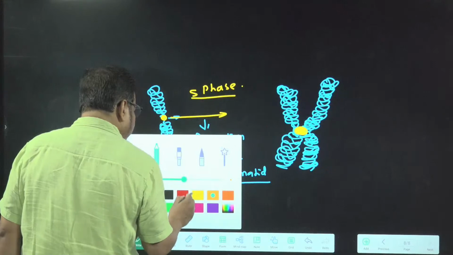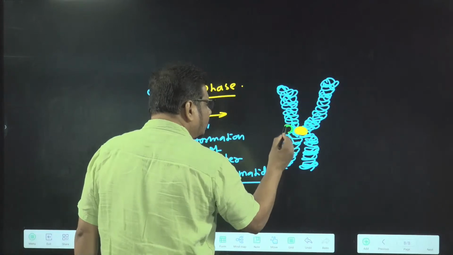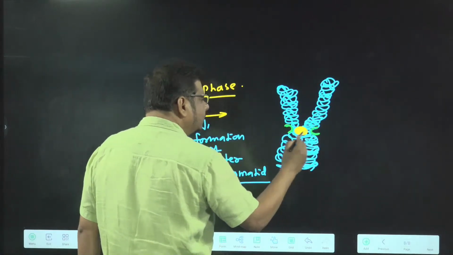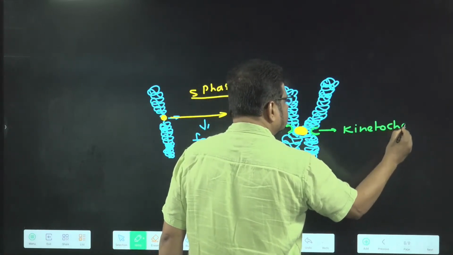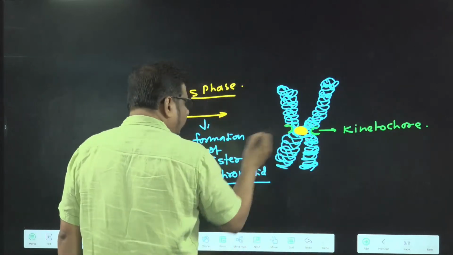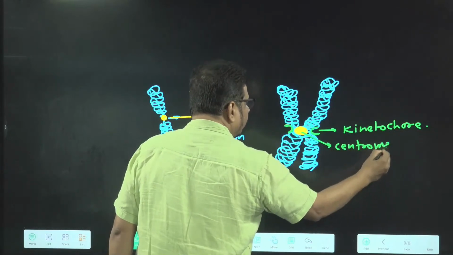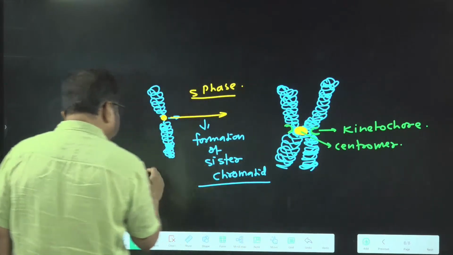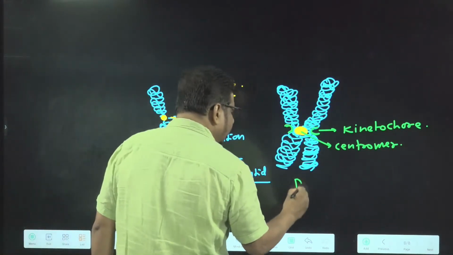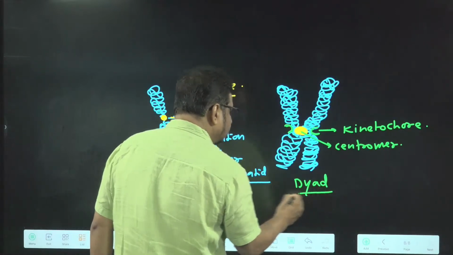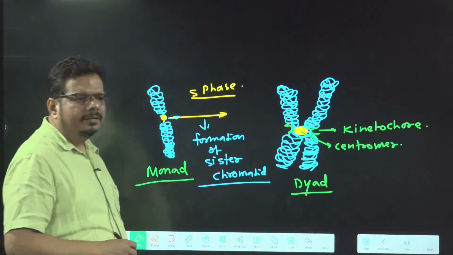Here you will find a disc-like substructure present on both sides, and this disc-like structure is called the kinetochore. And this is called the centromere. This condition is called monad, and this condition is called dyad. Got the idea? Is it all right?